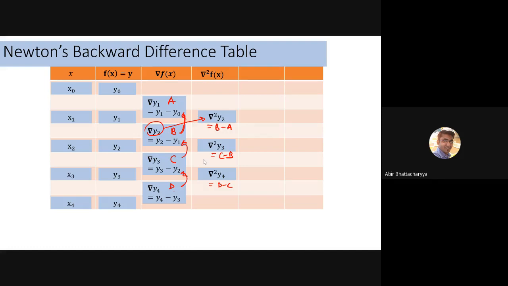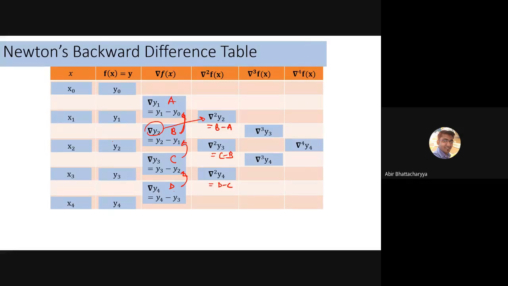Backward delta square fx, and the next one is backward delta cube fx, similarly, and backward delta 4 y4. Now we will deal with the backward delta table.